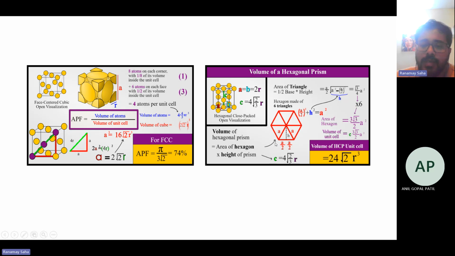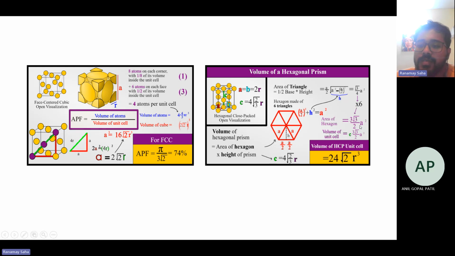So now, if you know the dimensions of one smaller triangle, you can find out the area of this hexagon this way: half into base into height, so root 3 by 4 x square.